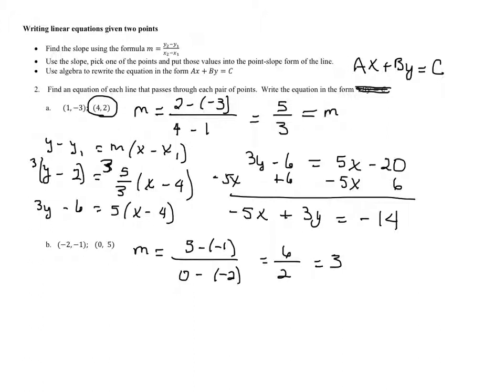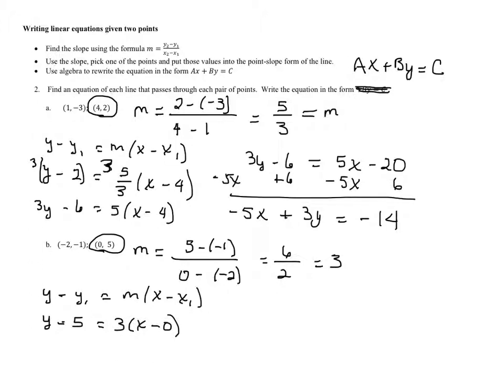Okay, and now it is a no-brainer to use this point right here. So again, we're going to use y minus y1 is equal to m times x minus x1. So it's going to be y take away 5 equals 3 times x take away 0.